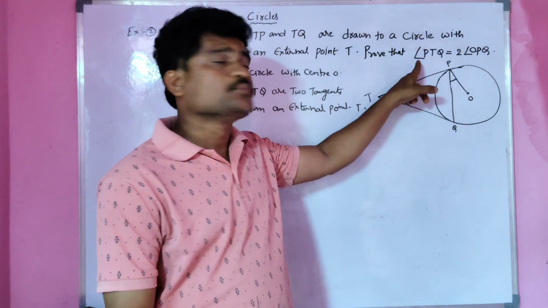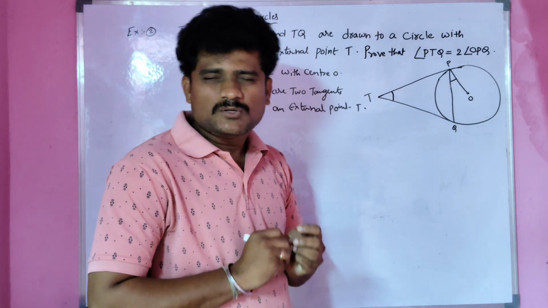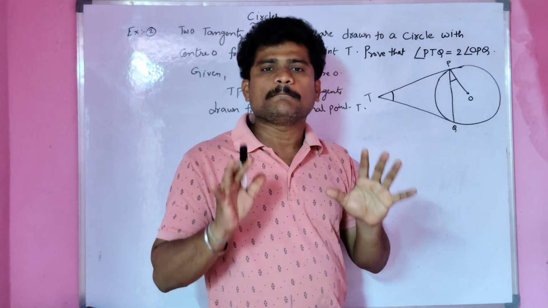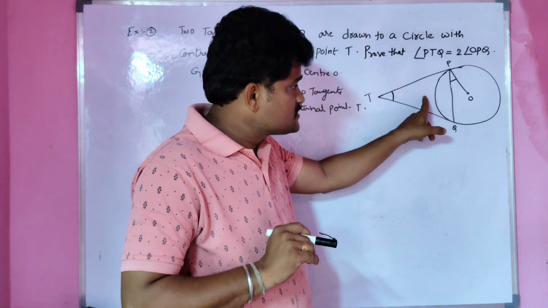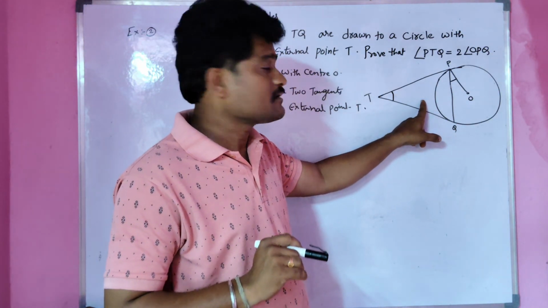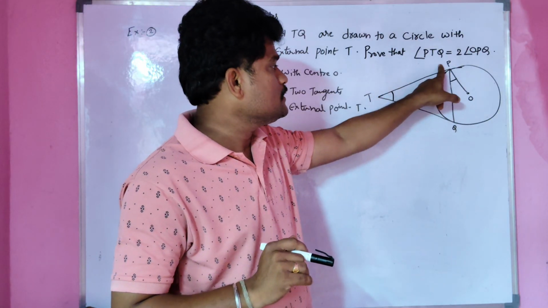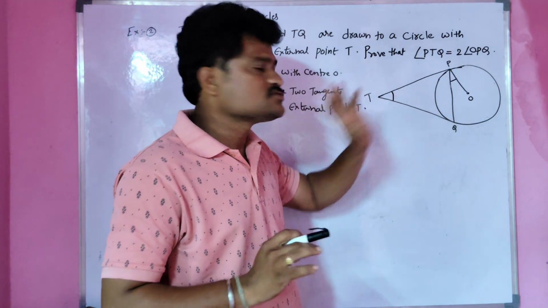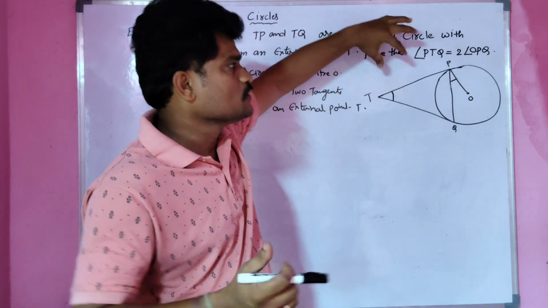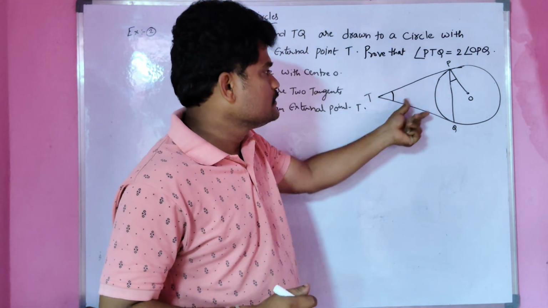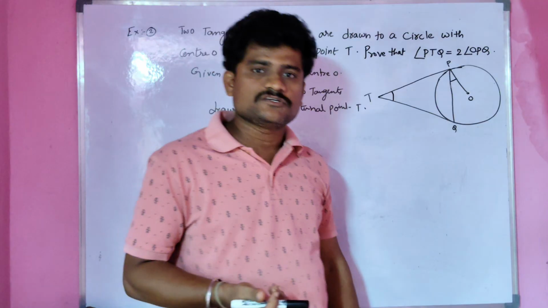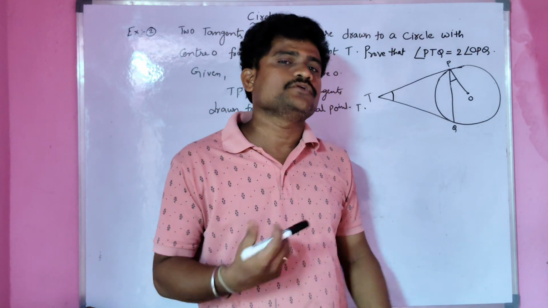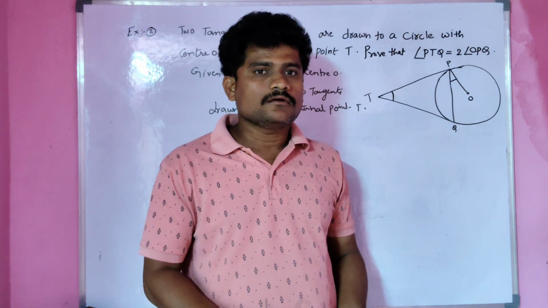Now, how will we prove this one? In this question, we will focus mainly on this triangle. TPQ is a triangle. If you see very clearly, we know that TP and TQ are tangents drawn from the external point, and we know that TP and TQ are equal.